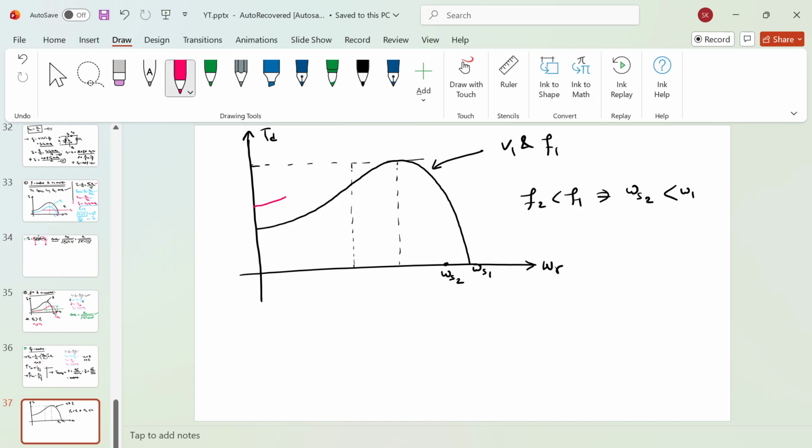So your curve will be like this. So you can see there is a much increment in the starting torque this time. So this is very good for us. Without even changing the maximum torque, you are able to increase the starting torque.